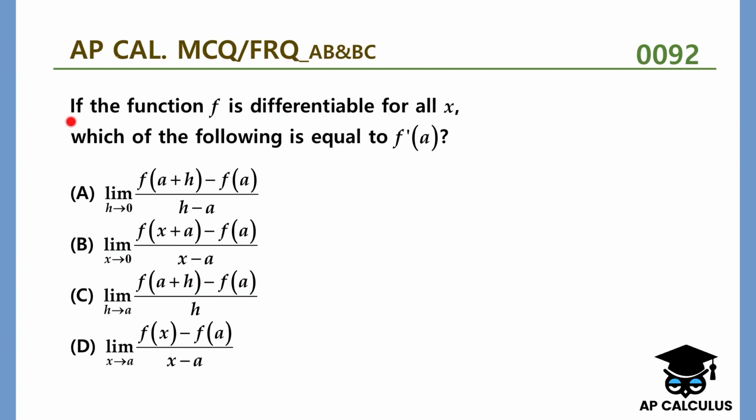Question 92. If the function f is differentiable for all x, which of the following is equal to f prime a? F prime a is the derivative of the function f of x at x equal to a, right? There are two definitions for f prime a. Number one is the limit as h approaches 0 of f of a plus h minus f of a over h.